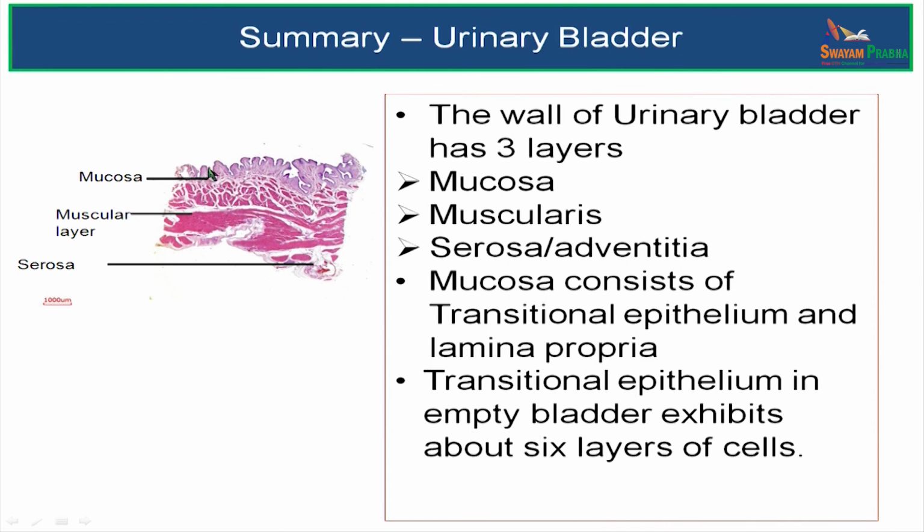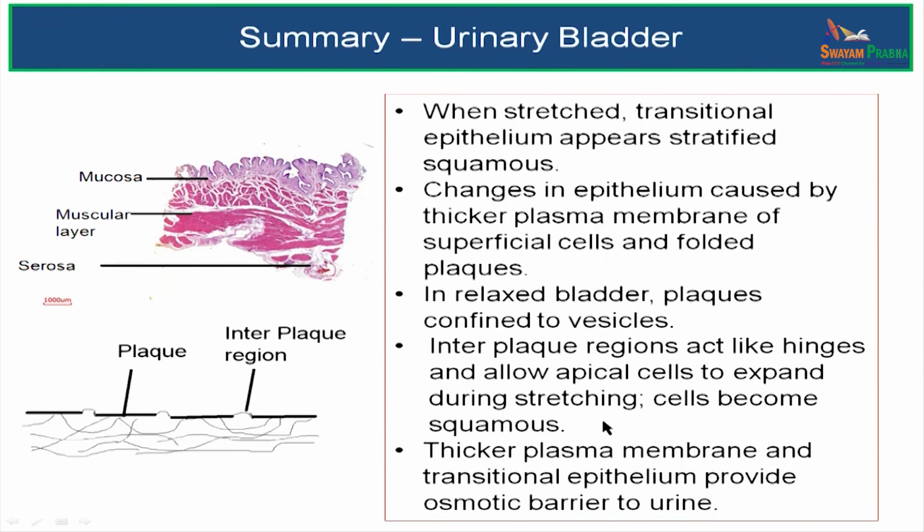As you have already been told, mucosa has transitional epithelium or urothelium and a lamina propria. Transitional epithelium in an empty bladder has about 6 layers of cells. When stretched, that is when it is distended with urine, transitional epithelium appears stratified squamous.